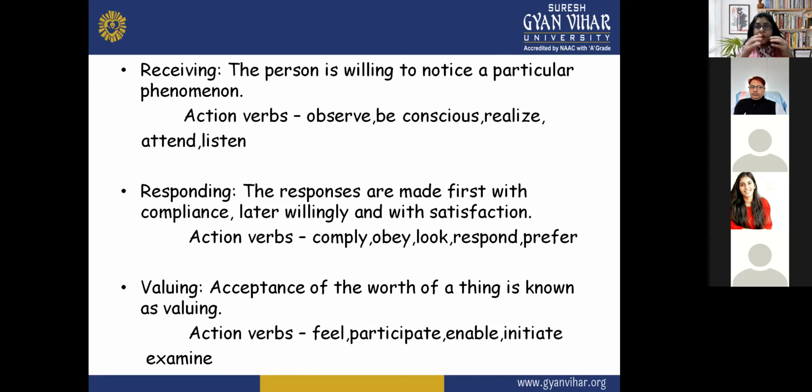So later it integrates these into a total philosophy of life or worldview. Okay, and the action verbs are ready, change, view, approach, arrive. I repeat, characterization is actually generalization of certain values into controlling tendencies.